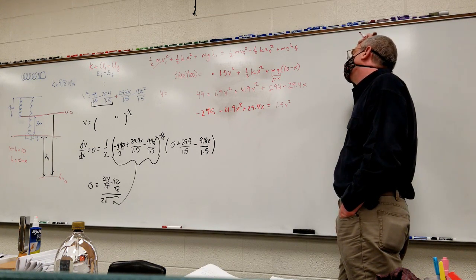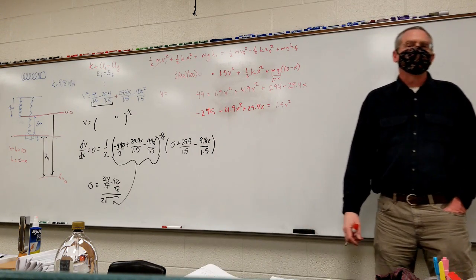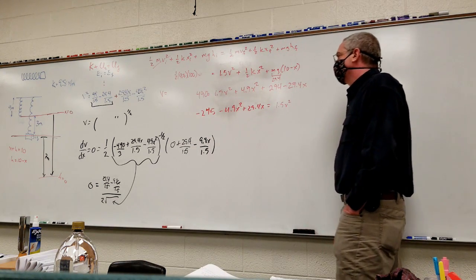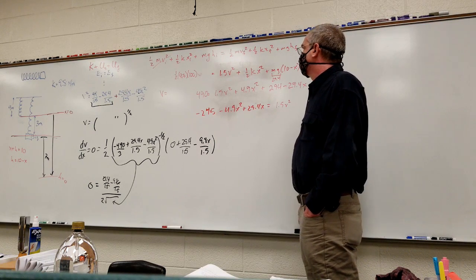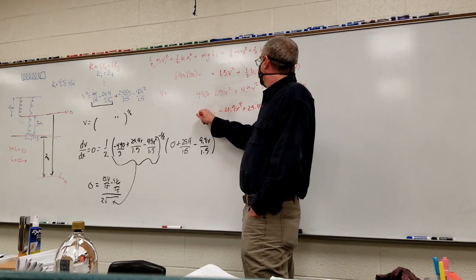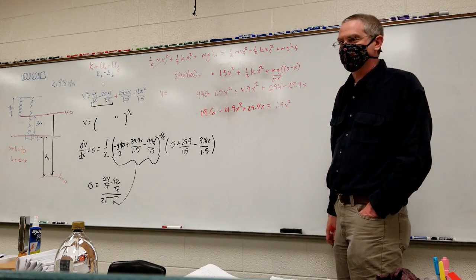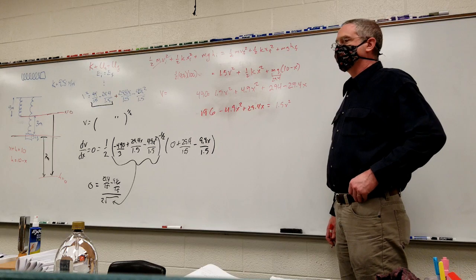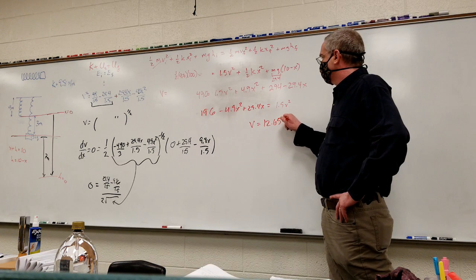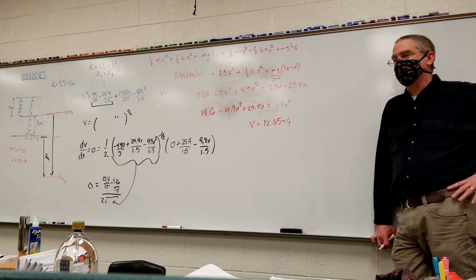Shame on all of us. 490. All right, now you put your 3 in. I got 12.65 meters per second. Which should be the same answer we got when we had it horizontal. Yeah. Okay, there we go. Thanks for pointing that out.